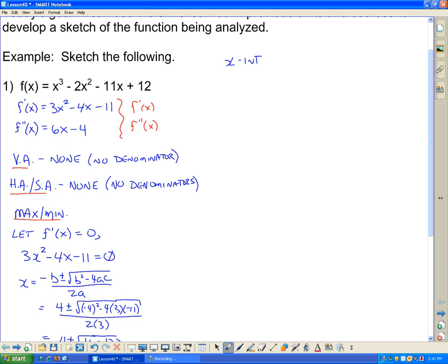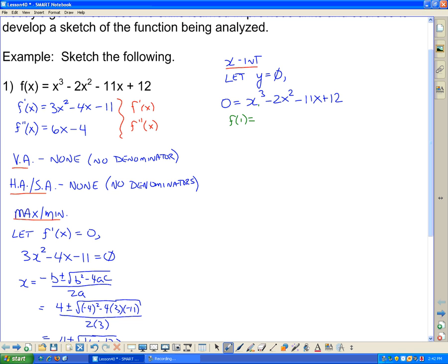So our x-intercept, let's put that in red. This is when we let y equals 0. 0 equals x cubed minus 2x squared minus 11x plus 12. How do we determine if we have a factor? This is where you need to use your factor theorem. So what happens if I substitute a 1 in?